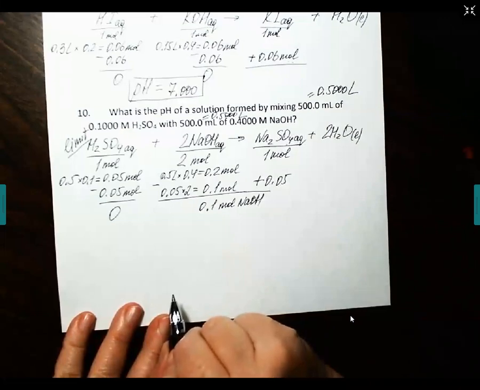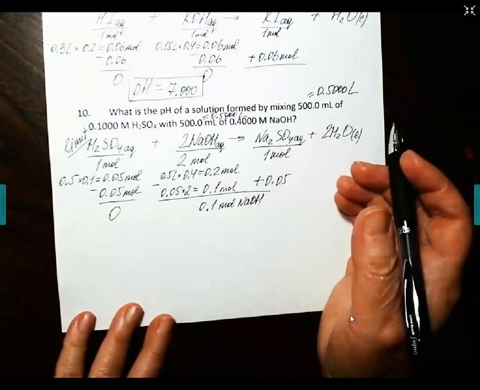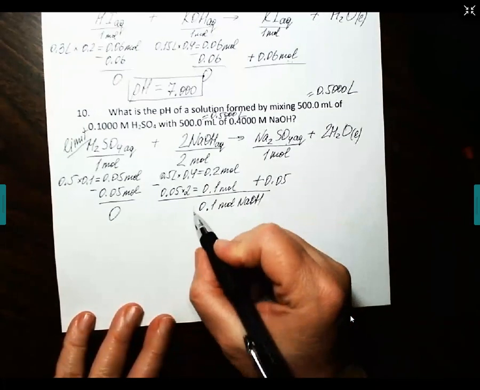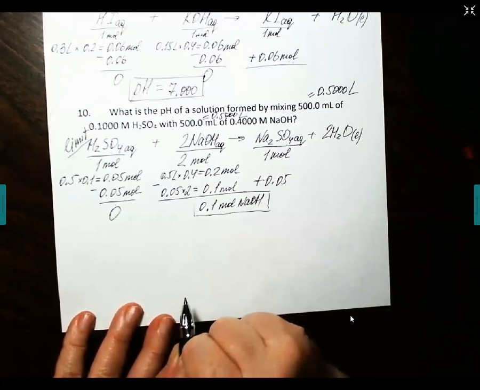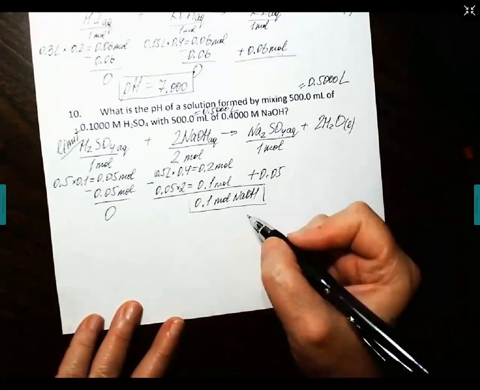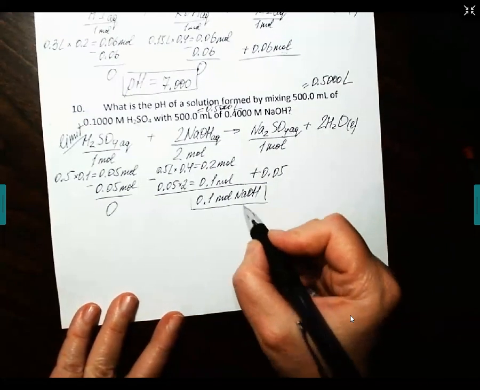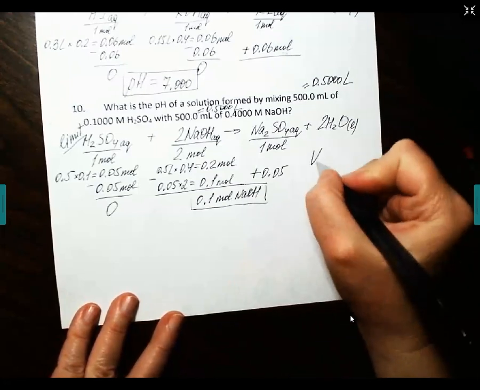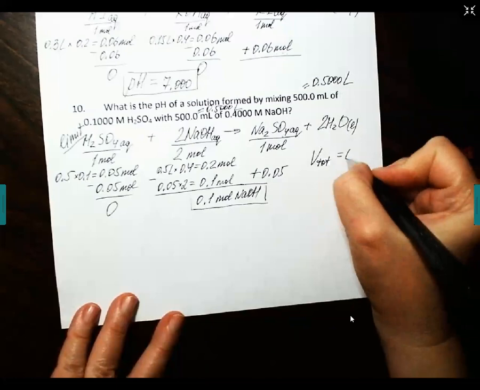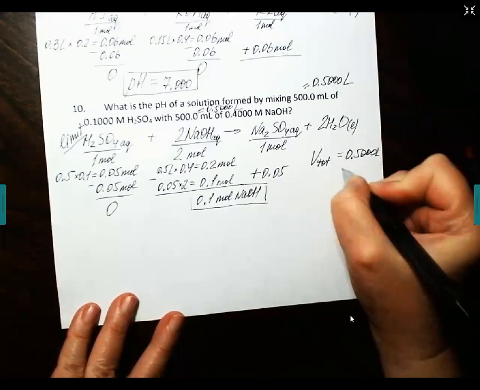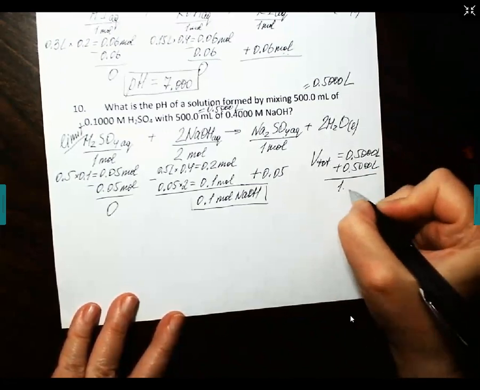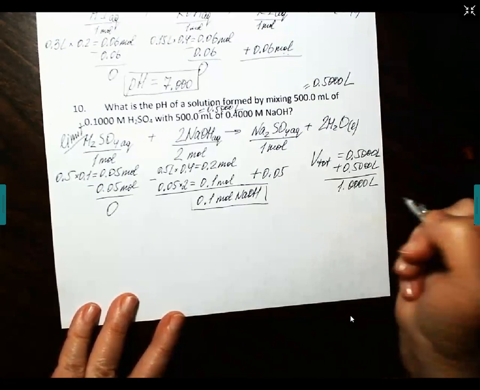And for pH, we need the concentration of hydroxide ion or hydronium ion. Because our final solution contains base, it means we can calculate the concentration of hydroxide ion. So what is the volume? It is 0.5 liters plus another 0.5 liters, so it is 1.000 liters.